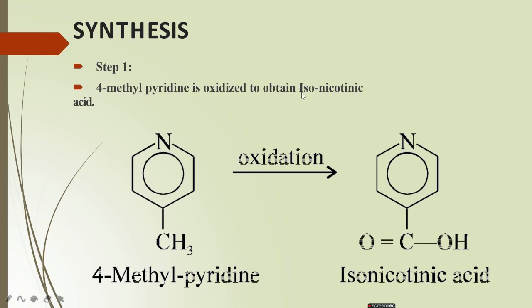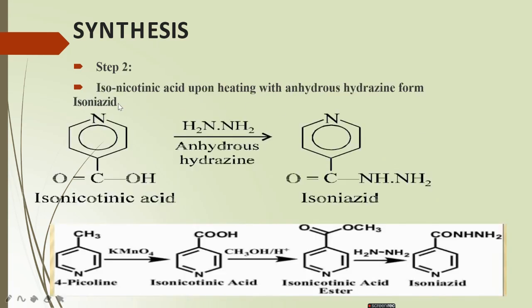So in first step, we have to synthesize isonicotinic acid. And in second step we have to synthesize isoniazide from the intermediate isonicotinic acid which we had prepared in step first.